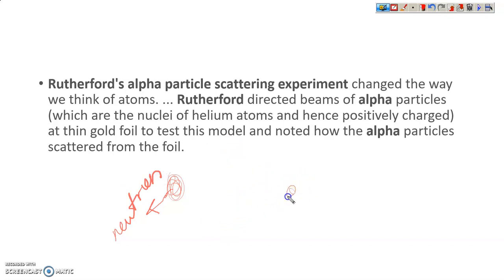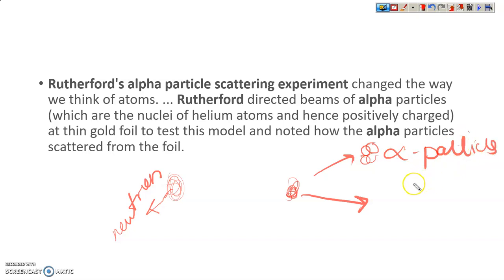And then these particles spread into two parts. Suppose this is some particle, and now here again some particles. This is alpha particles.